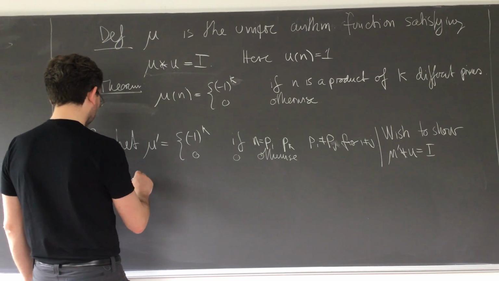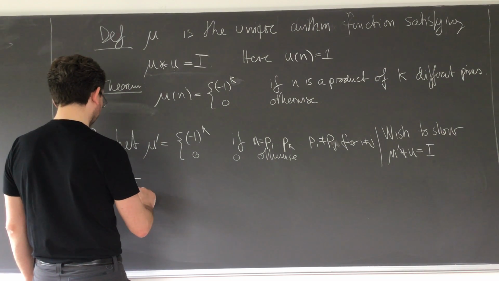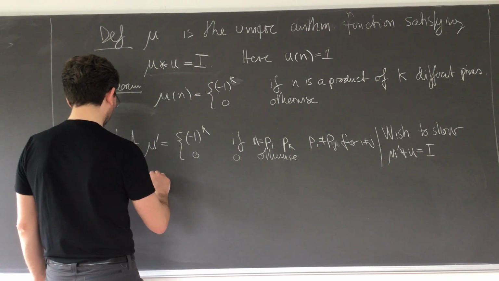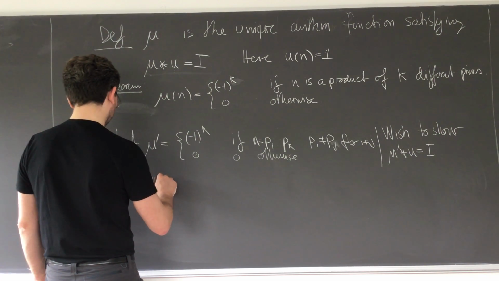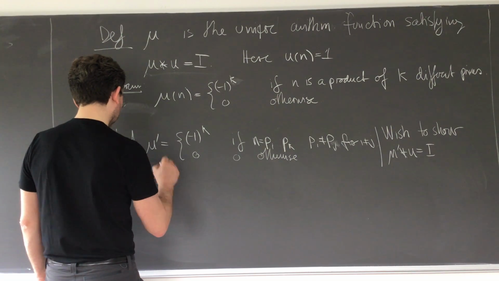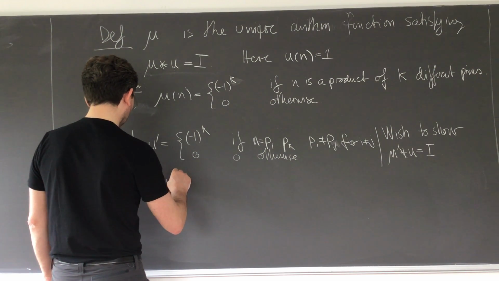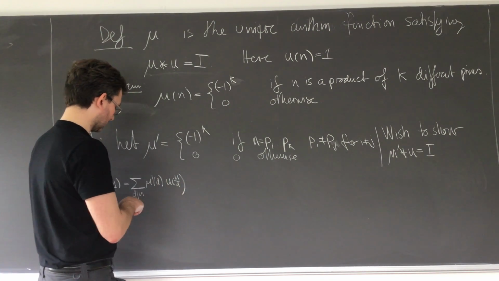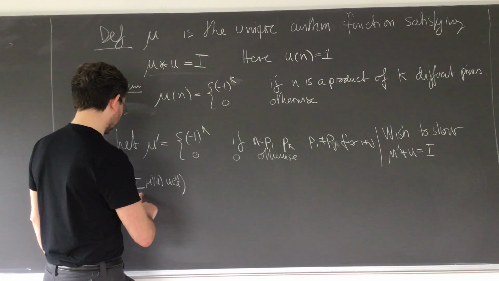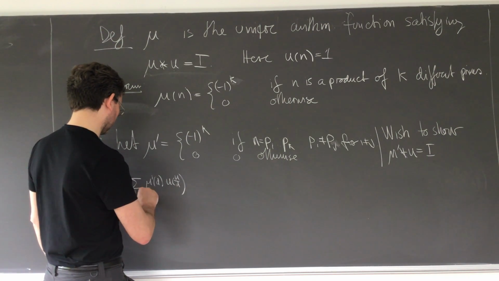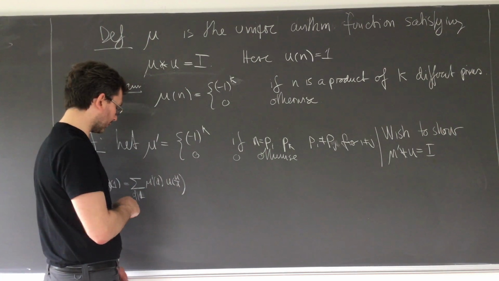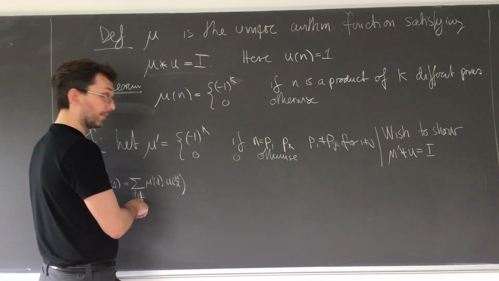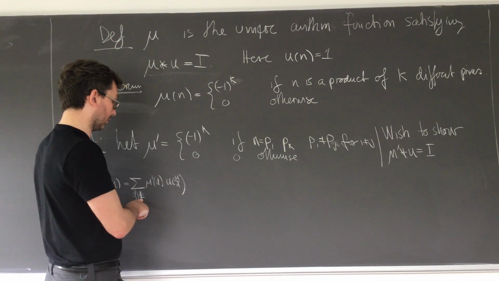By definition, it's the sum over the divisors d of n of mu prime of d times u of n over d, and n here is 1. We're only looking at positive divisors, so the only positive divisor that 1 has is 1.